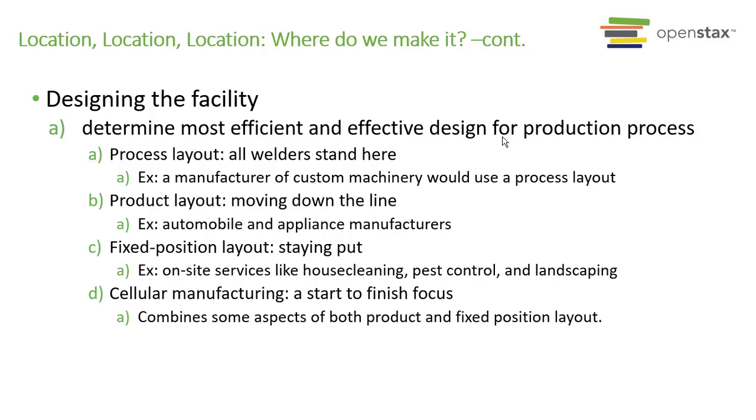In this case, a manufacturer of custom machinery would use a process layout. The product layout, moving down the line, so think about cars, appliances, etc. Fixed position layout, on-site services like house cleaning, etc. And cellular manufacturing combines some aspect of both product and fixed position layout.